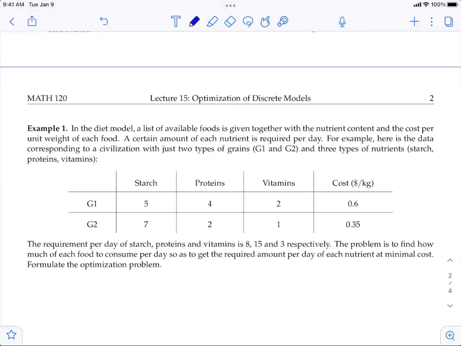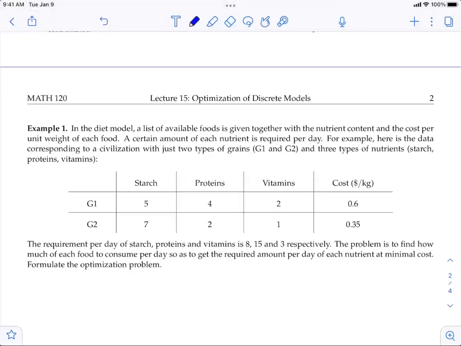All right. So the requirement per day of starch, proteins, and vitamins is 8, 15, and 3 respectively. The problem is to find how much of each food to consume per day so as to get the required amount per day for each nutrition at the minimal cost.